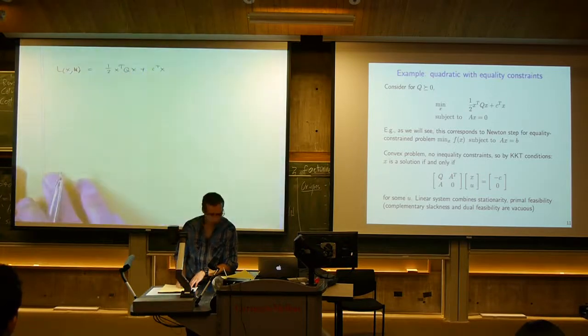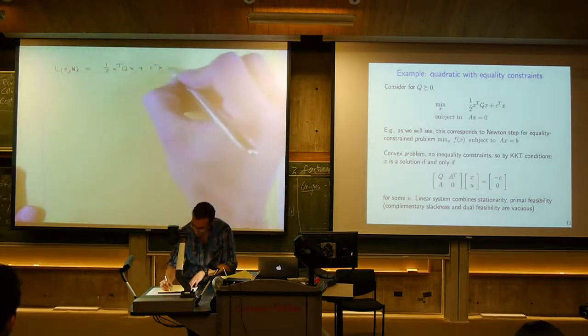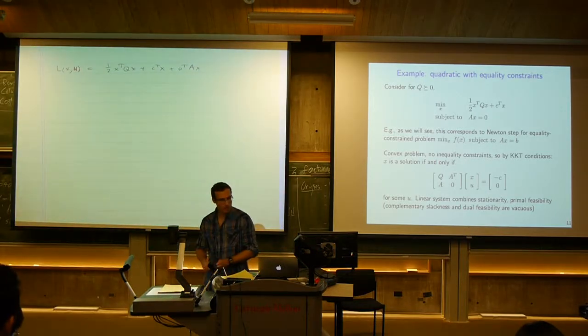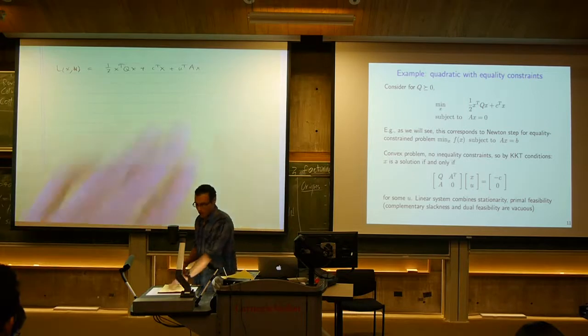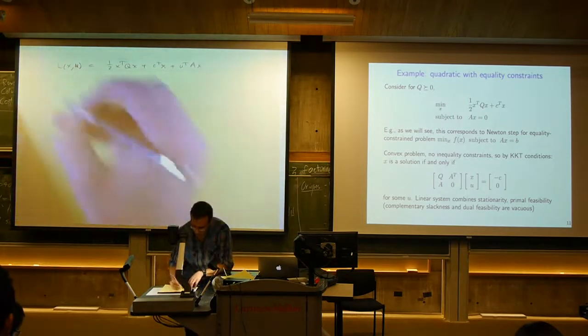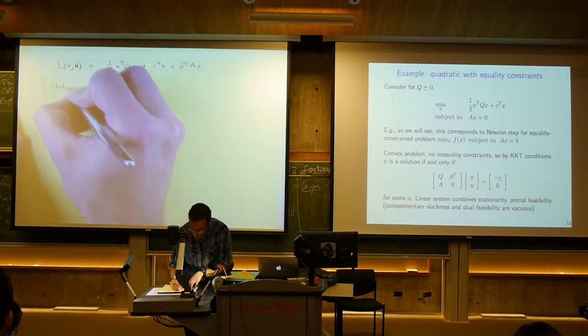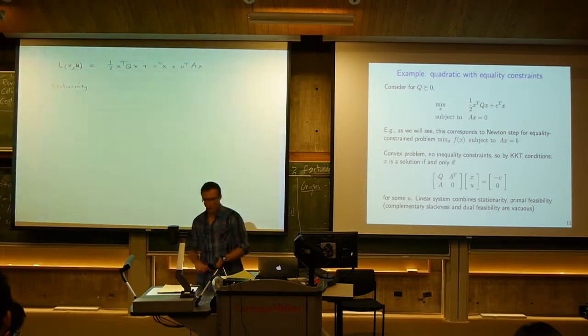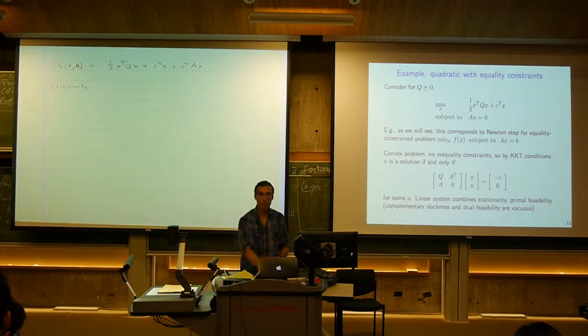Okay, so that's the criterion, and we're going to add u transpose Ax to the criterion, because these are our equality constraints. We have no inequality constraints. And so what does stationarity say? Actually, even before we list the conditions, let's just back up and say this is a convex problem, because I told you Q was positive semi-definite.